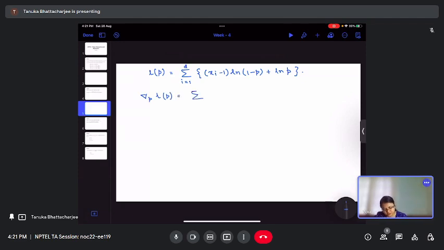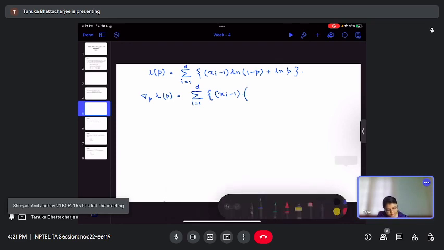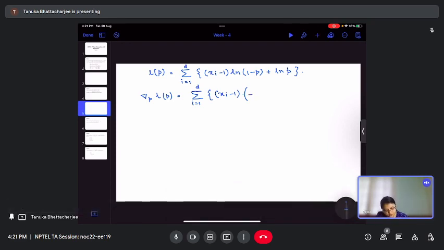That will give us summation i equal to 1 to d. The term xi minus 1 remains as it is. Ln of 1 minus p gives the derivative minus 1 by 1 minus p, plus ln of p gives 1 by p. So, we equate this to 0.